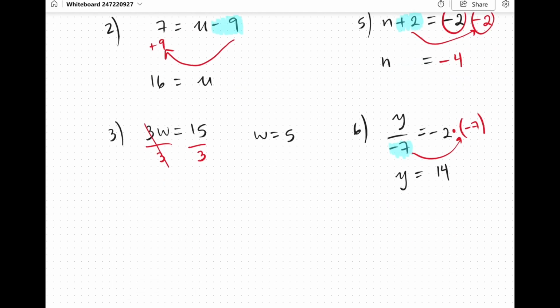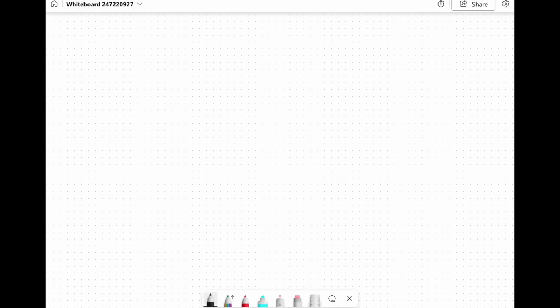I only have a couple more to show. Number 7. 2 over 3w equals 2 over 9. 2 over 3 is attached to w through multiplication. To move it, you have to divide by 2 over 3. Now you have w equals, and you are tasked with dividing 2 over 9 by 2 over 3.